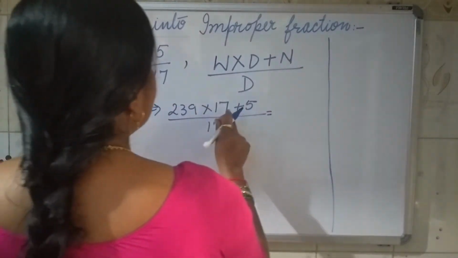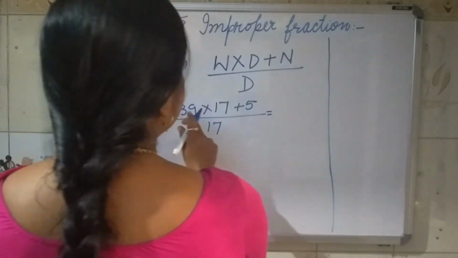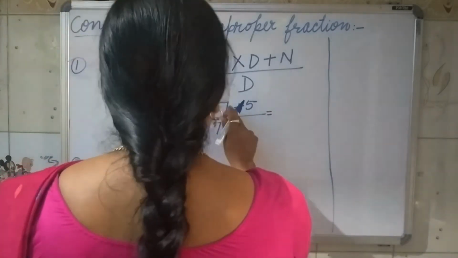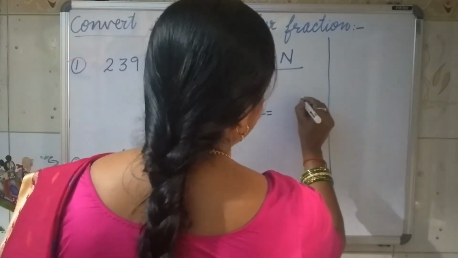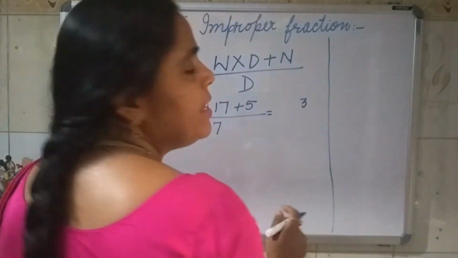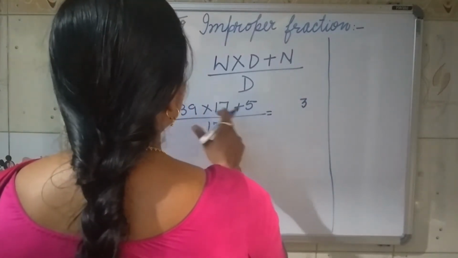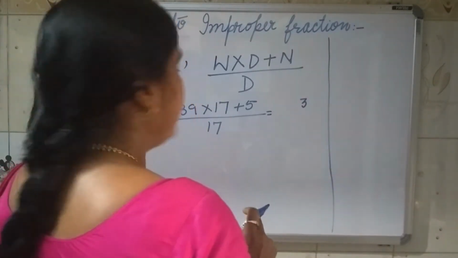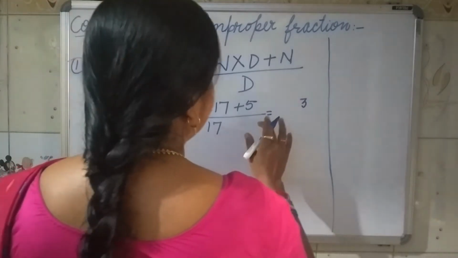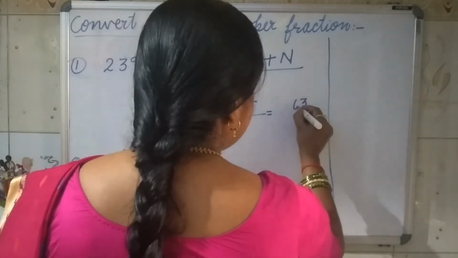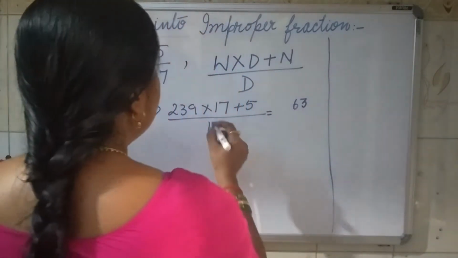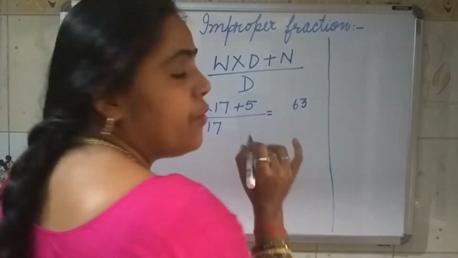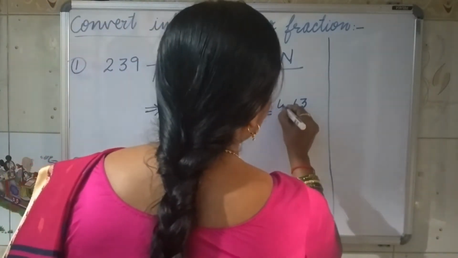So 239 multiplied by 17. 17 nines are 153, so 3 and 15 is carry over. Then 17 threes are 51, and 51 and 15 is 66. So 6, and then again 6 is carry over. Then 17 twos are 34, and 34 and 6 is 40.